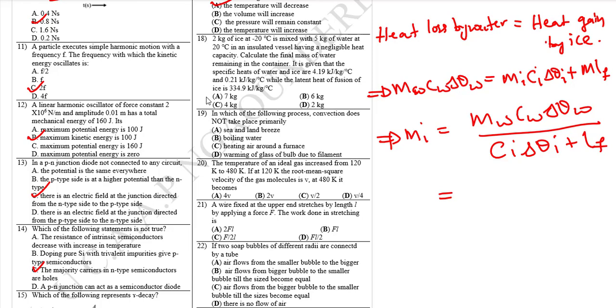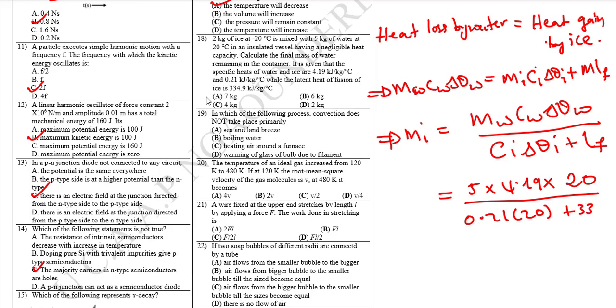Mass of water is 5, specific capacity 4.19 times the variation in temperature 20 divided by Ci 0.21, variation in temperature 20 plus 334.9. So I didn't do any conversion since all their units are the same. So let's punch that and see what it gives.